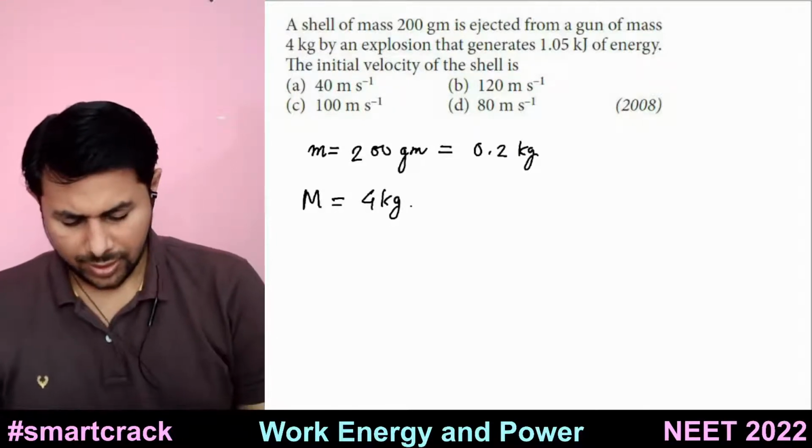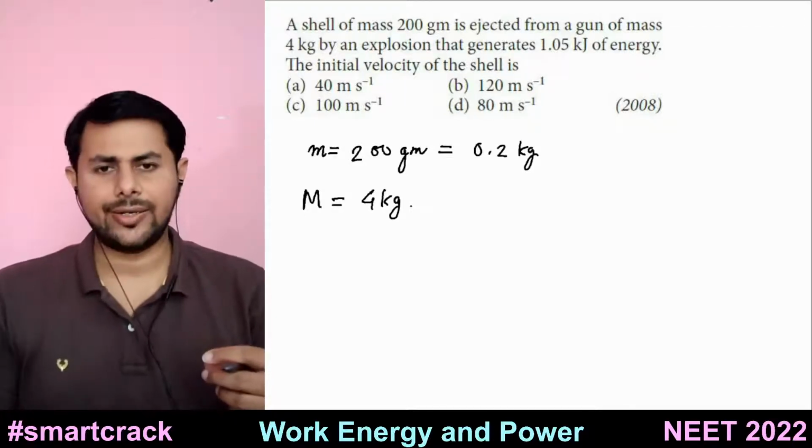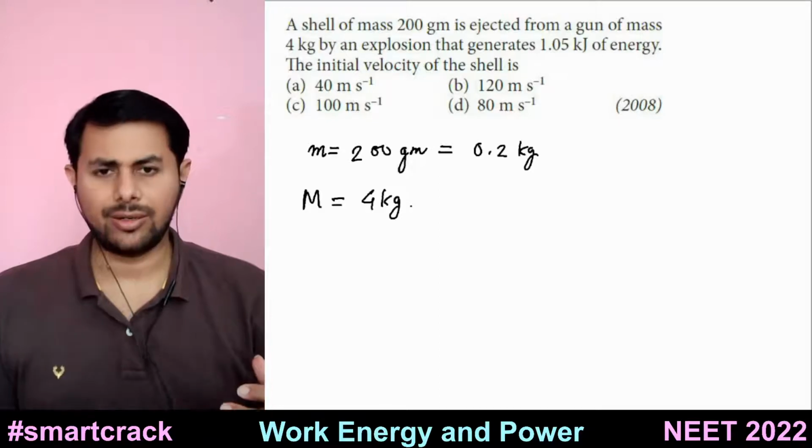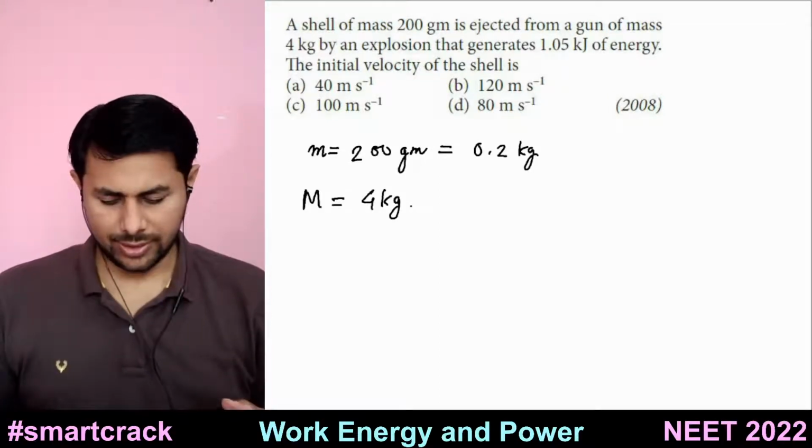Before the bullet is ejected out of the gun, you have total momentum equal to 0.